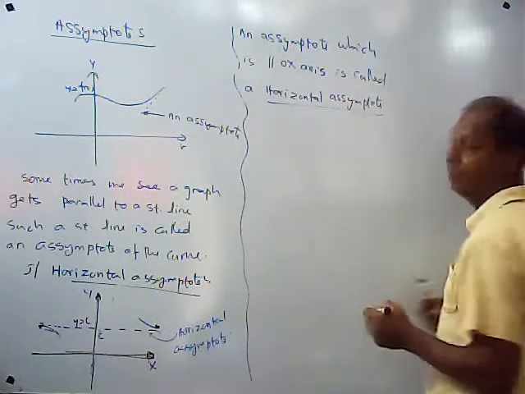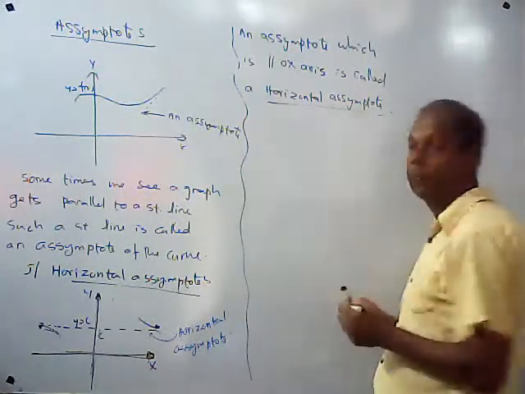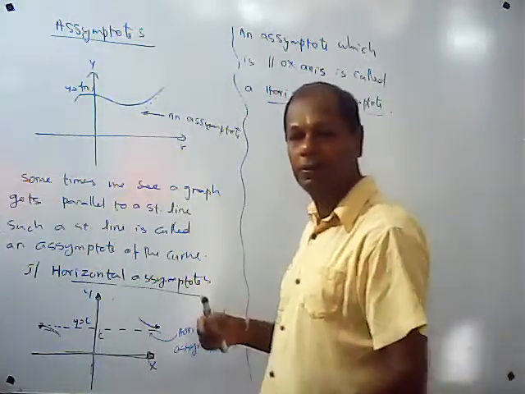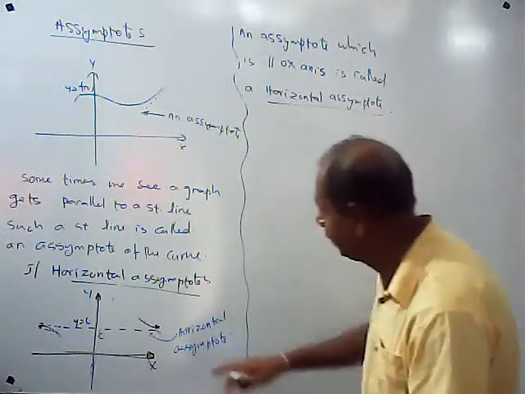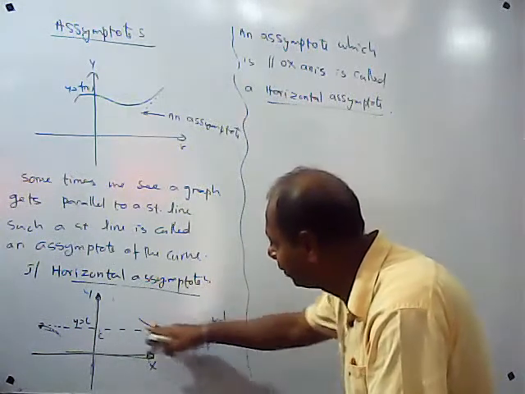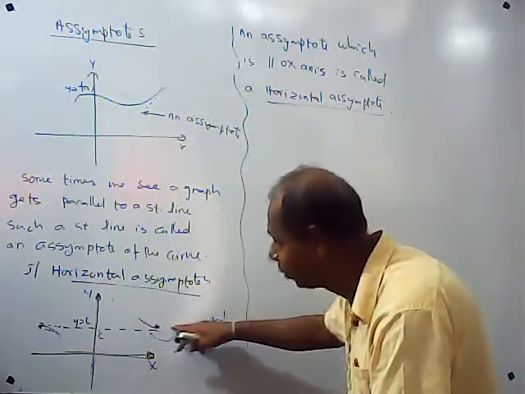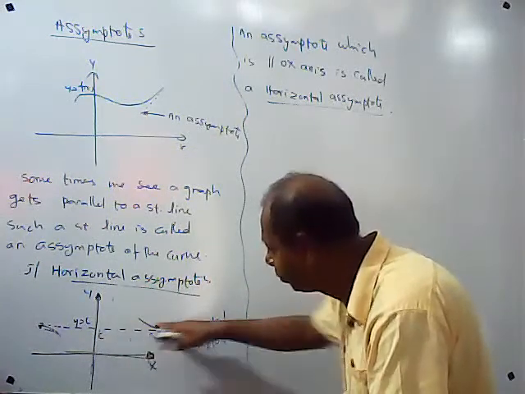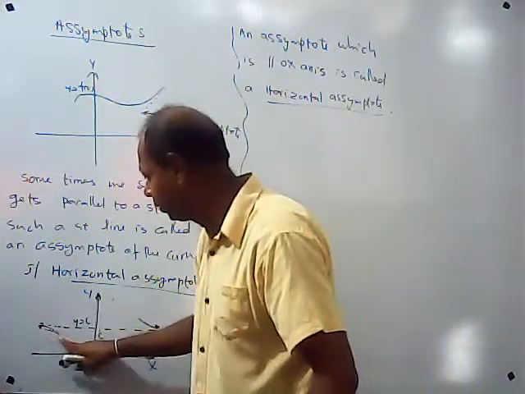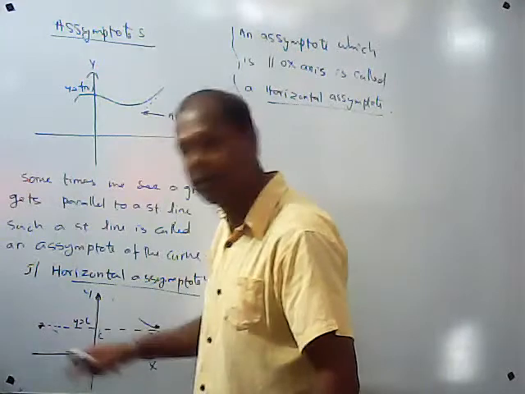Horizontal asymptote, right? The thing to note is, did you notice that a horizontal asymptote exists only if x goes to infinity? For a horizontal asymptote, x should go to positive infinity or negative infinity, right?